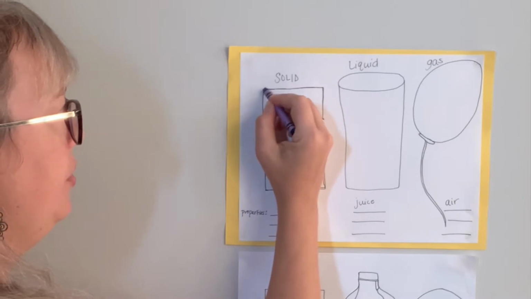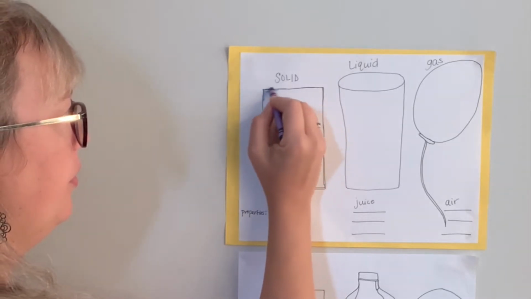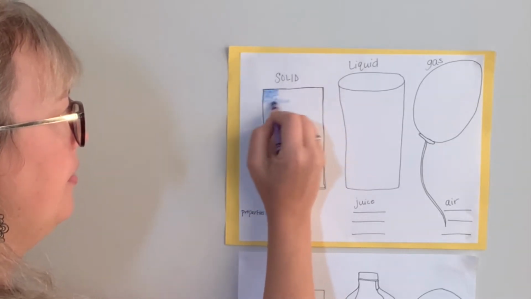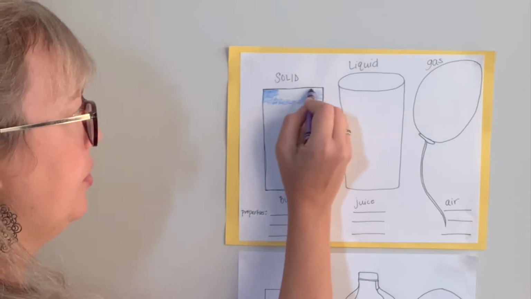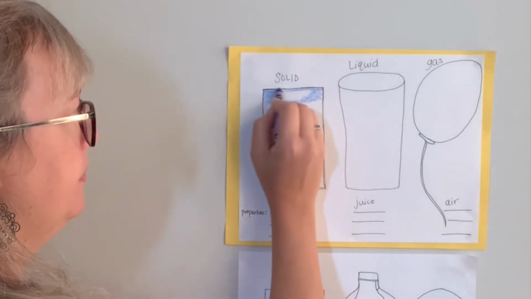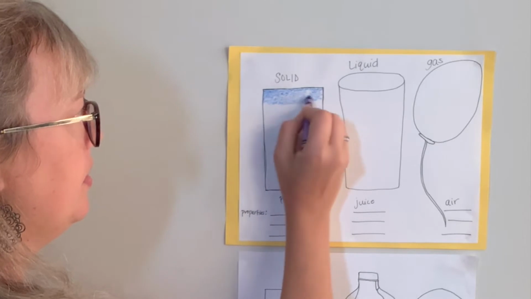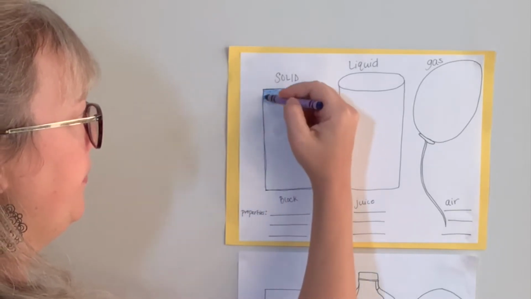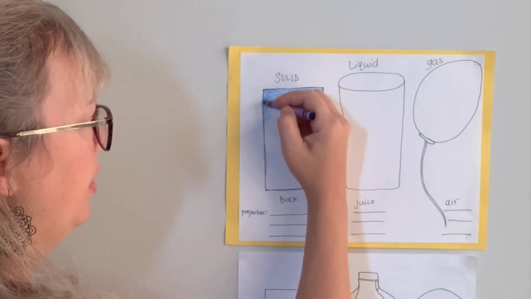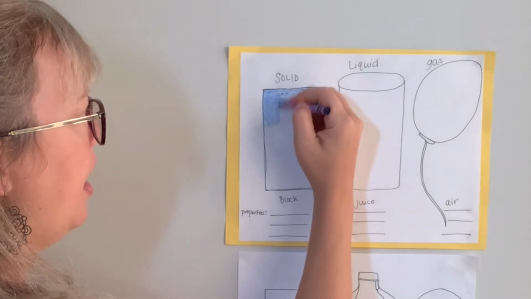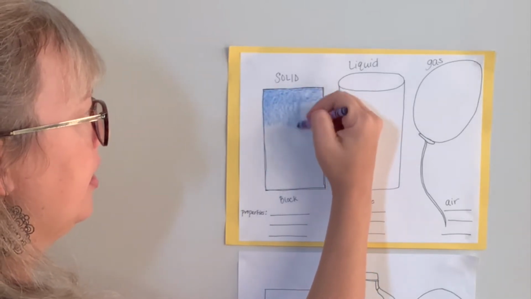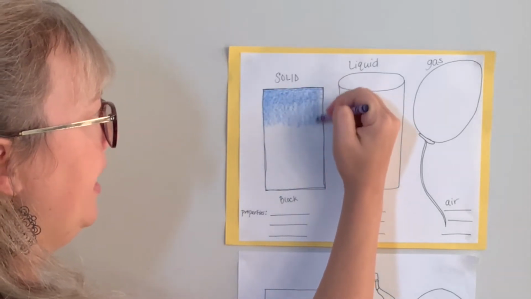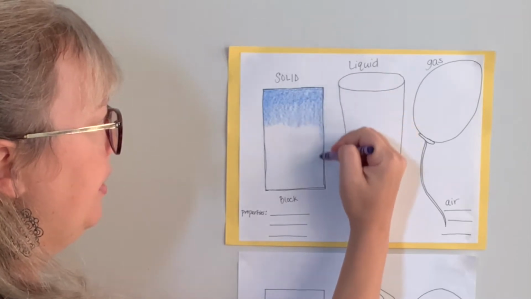And when you color it in, the pieces of solid, or the atoms, which you'll learn later, or we can say pieces or particles, they are all touching. So when we color in our solid block, we don't want to see any white coming through from the paper.